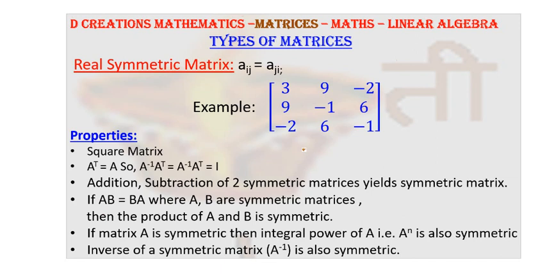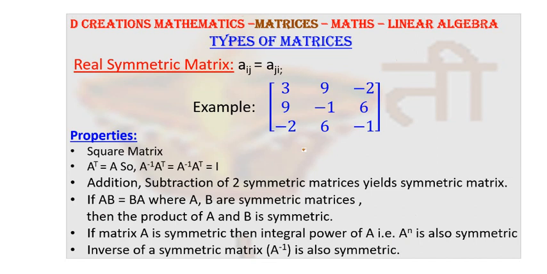Similarly, if a matrix is symmetric, then its integral power, such as a square, a cube, etc., or you can generalize and say A raised to n, where n is an integer, is also symmetric. And if the inverse of a symmetric matrix exists, that is also symmetric. So some interesting properties of symmetric matrices here.